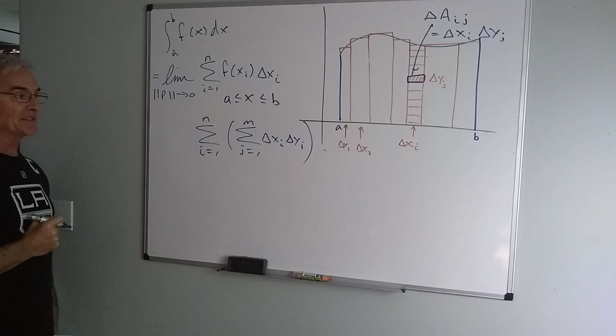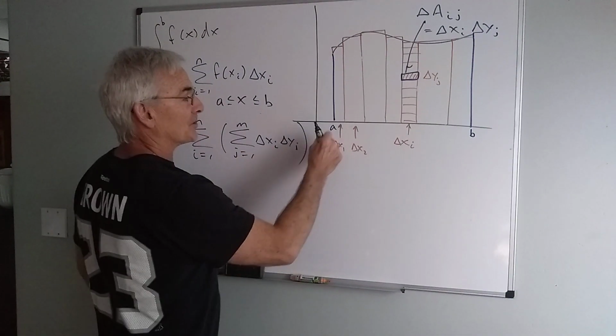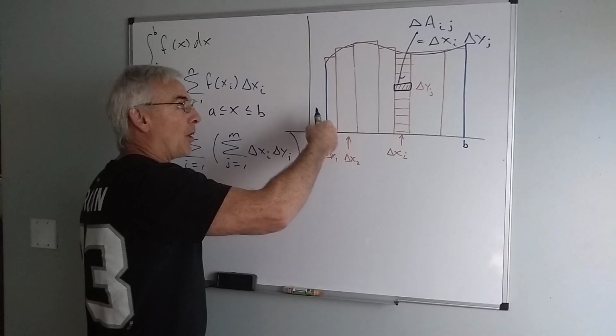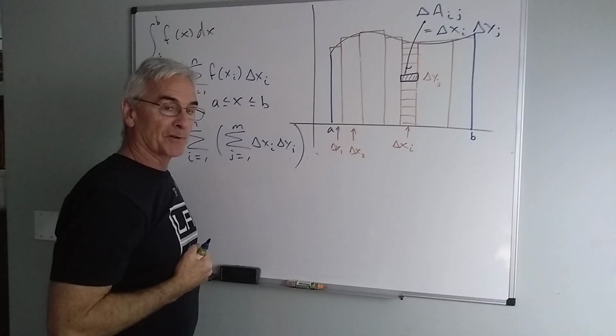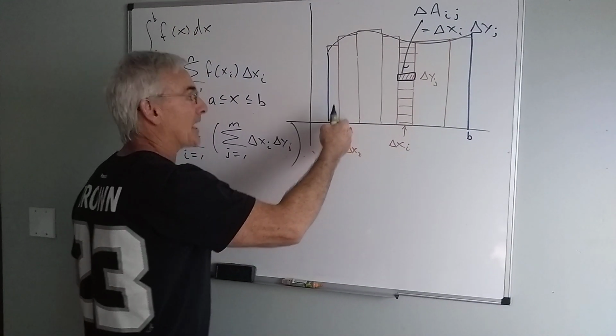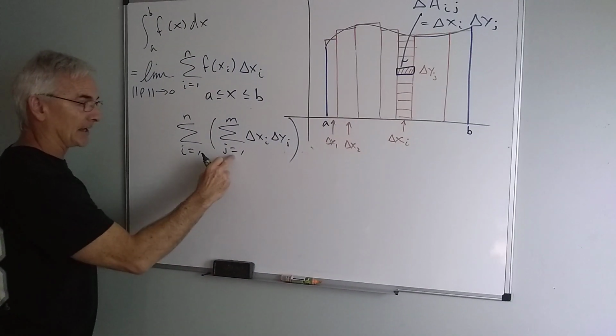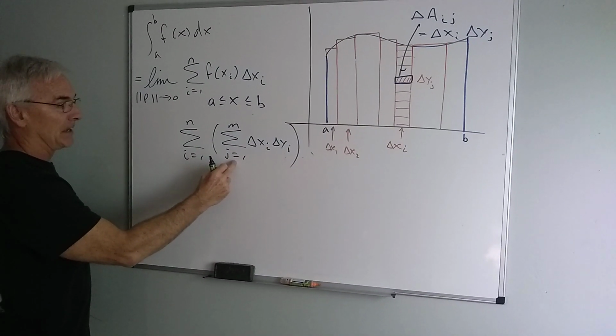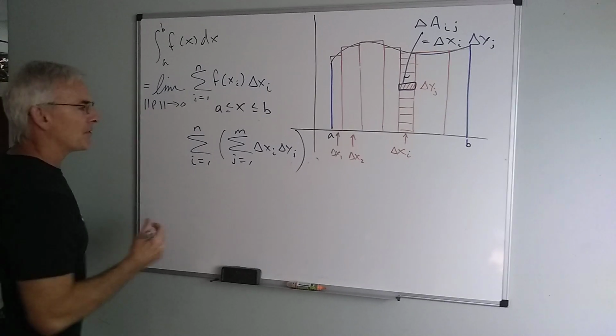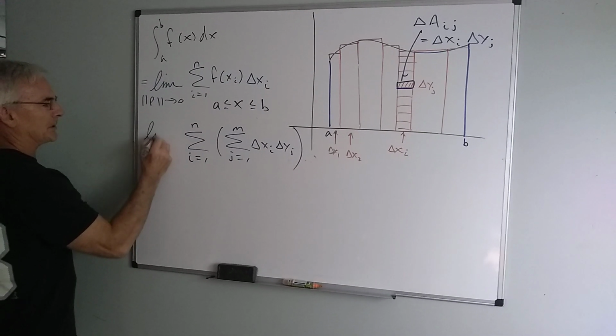Okay? So what I'm basically doing is saying, from the first rectangle, add up all the delta y's, and that gives me my first rectangle. Then start again, add up all the y's, and that gives me my second rectangle, and so on until I've finished all of them.